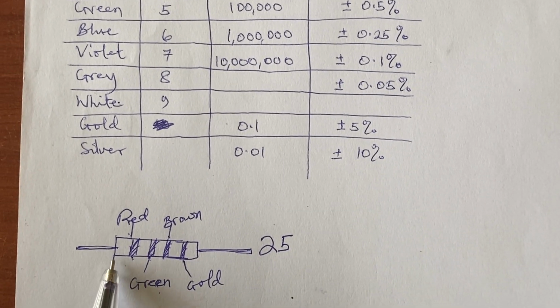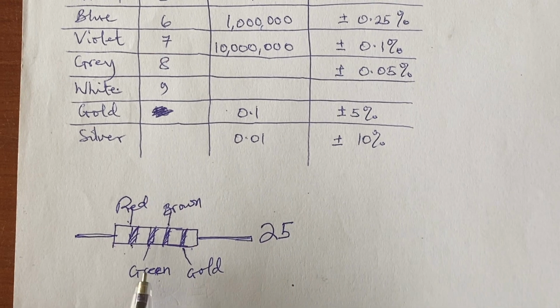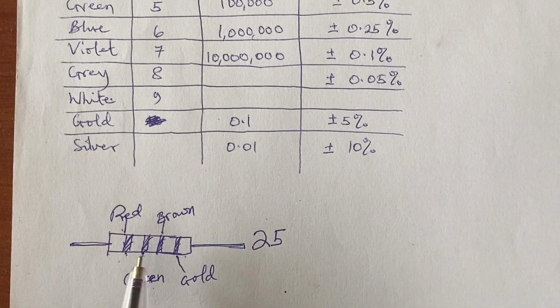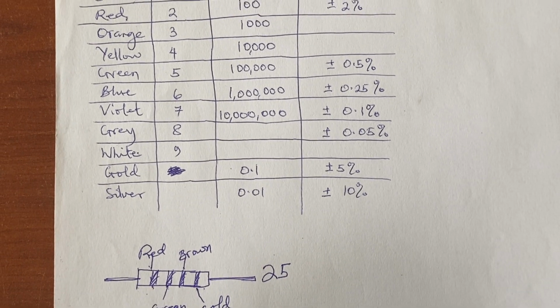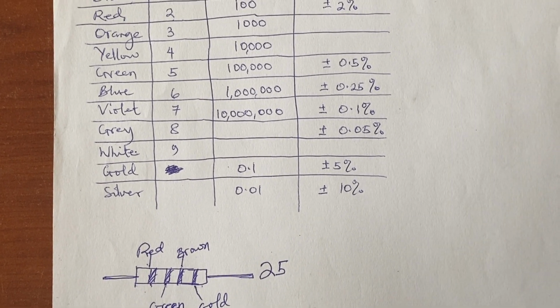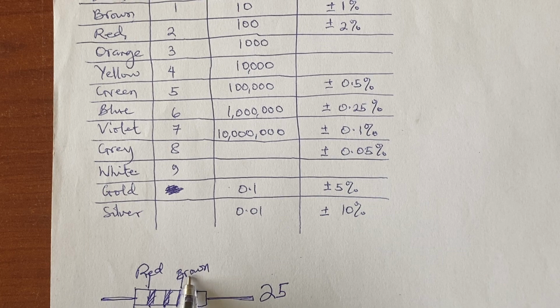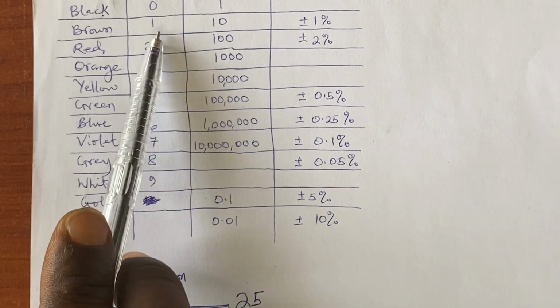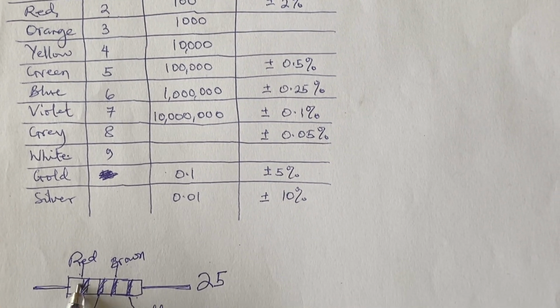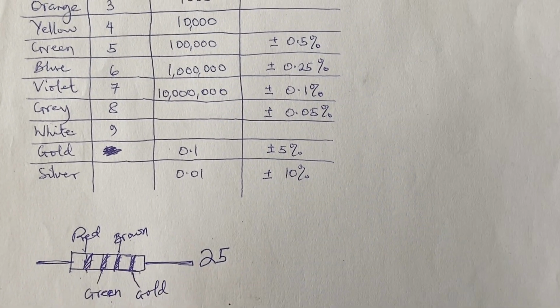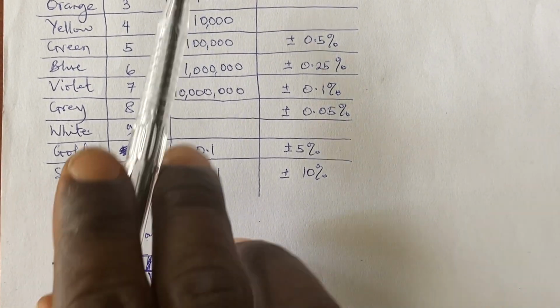In this particular example, it has 3 primary colors. The last primary color is brown, and it is always the multiplier. What do I mean? What is the value of brown? It is 1.